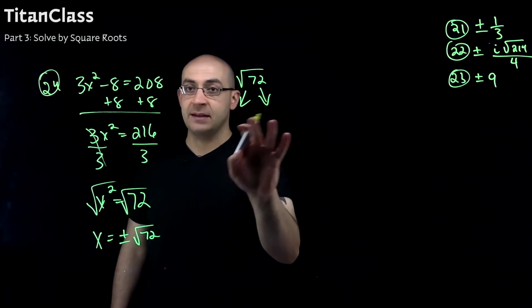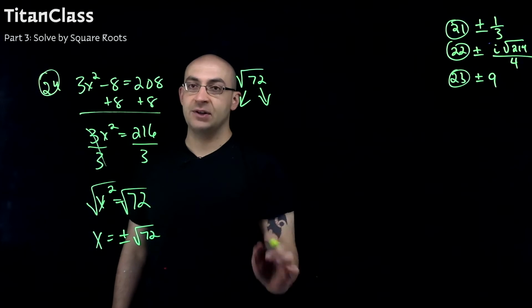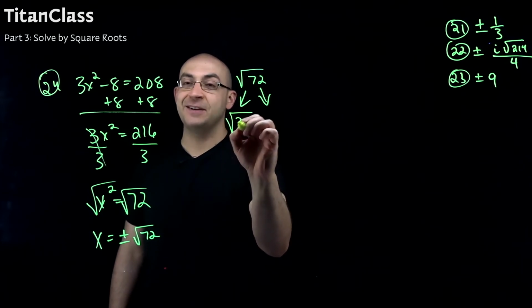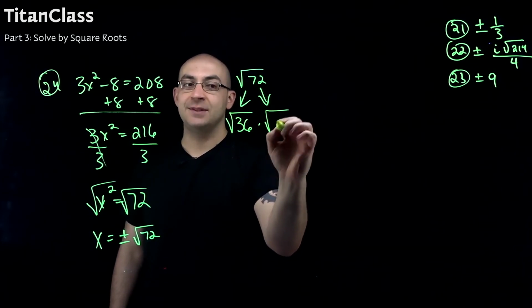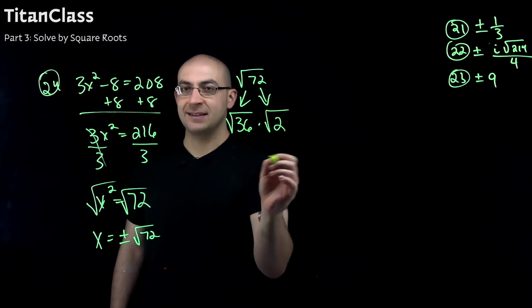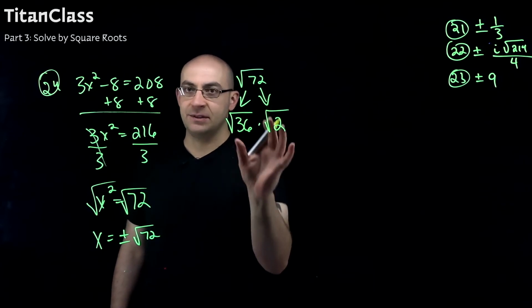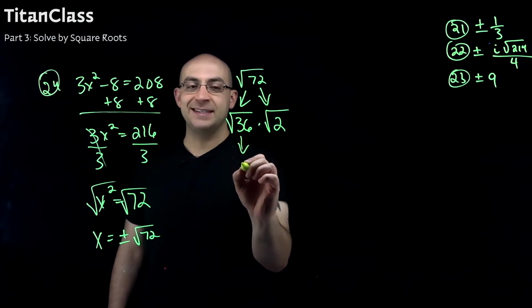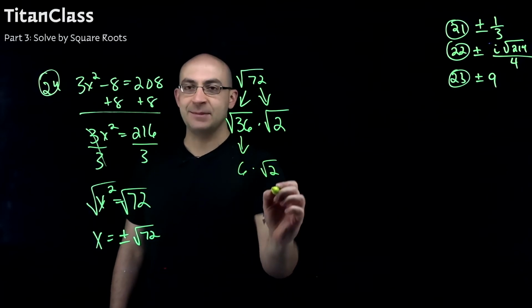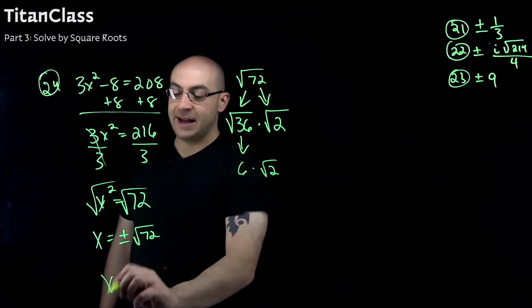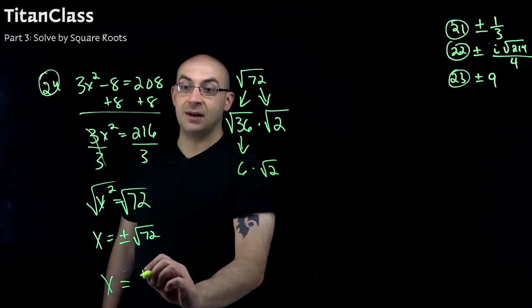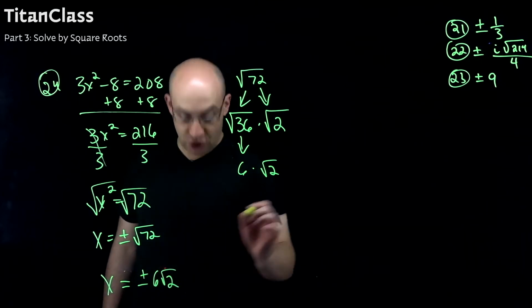So if you were to do 8 and 9, you will get the answer eventually. But the biggest perfect square here is actually 36 times 2, right? And we'll practice that in another video with breaking down these radicals. The square root of 36 is just 6. Times the square root of 2 is 6 root 2. So my answer here is x equals plus or minus 6 root 2.